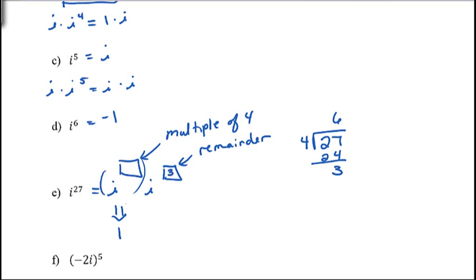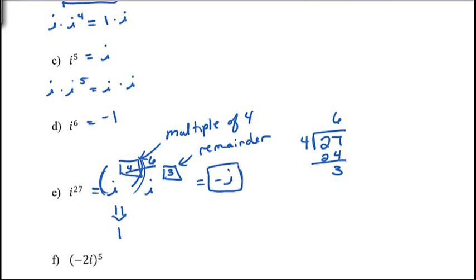So we would write it as i cubed, and then we could write this as i to the 4th, and then raise that to the 6th power. That would be i to the 24th. And so i to the 4th is 1, and 1 raised to any power is just 1. And so i to the 27th is the same as i cubed, and i cubed was equal to negative i. So i to the 27th is equal to negative i.